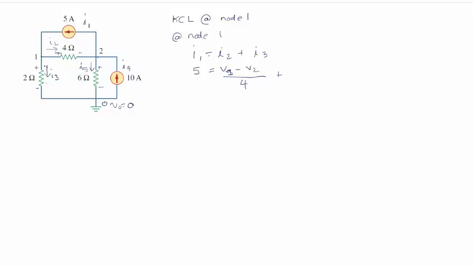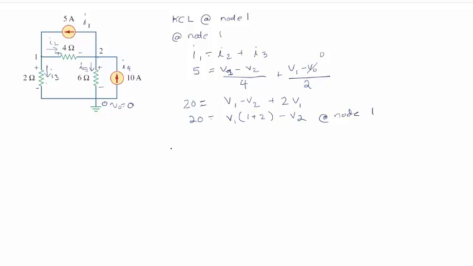I3 down here is voltage at 1 minus voltage at 0, which is 0, divided by 2 ohms. So I1 equals I2 plus I3. Multiply both sides by 4. So this was at node 1.